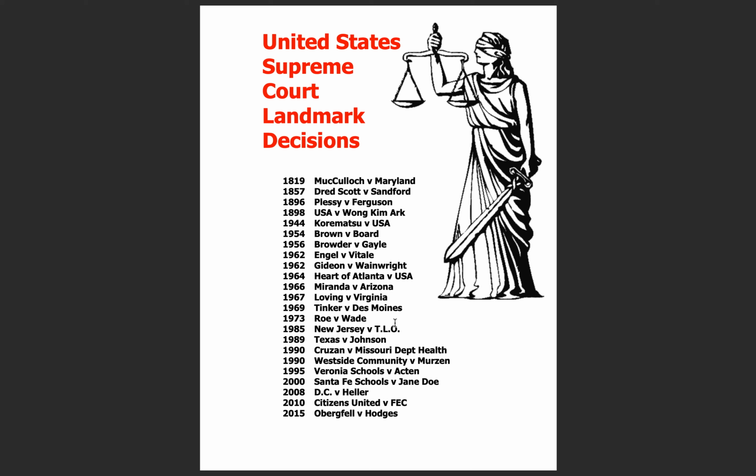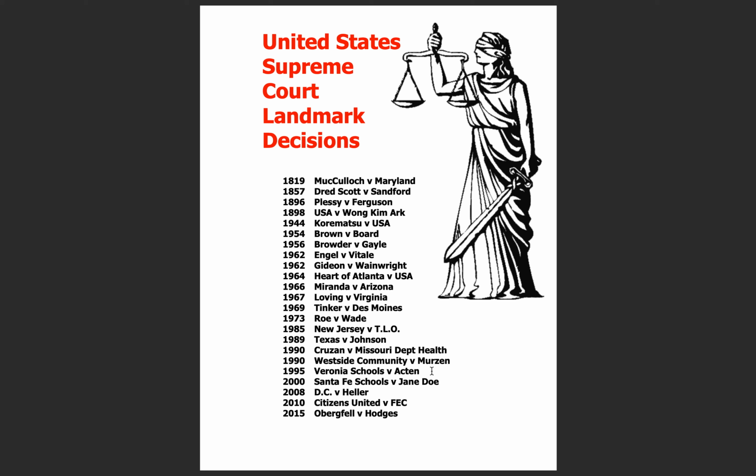There are 6 more: Tinker versus Des Moines, New Jersey versus T.L.O., West Side Community versus Mergens, Verona Schools, and Santa Fe Schools. These deal with teenagers and your rights within the school systems and challenges to the Supreme Court.